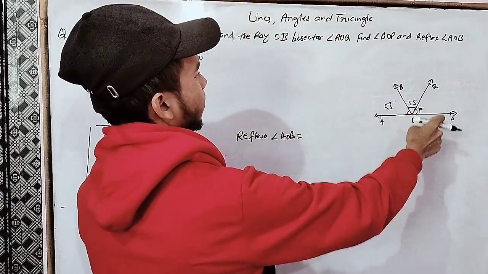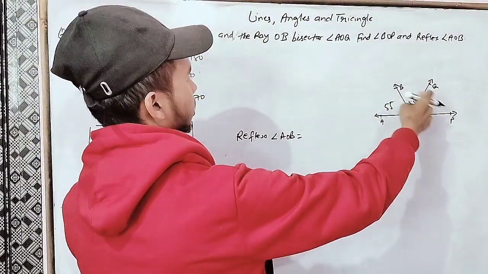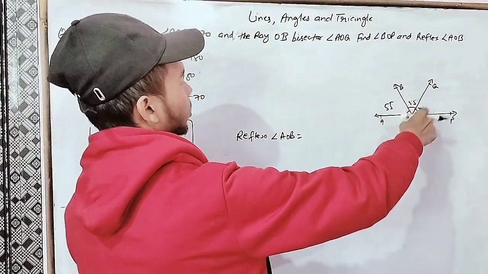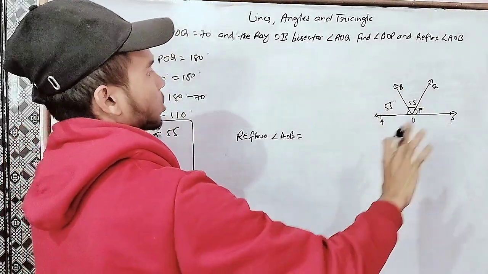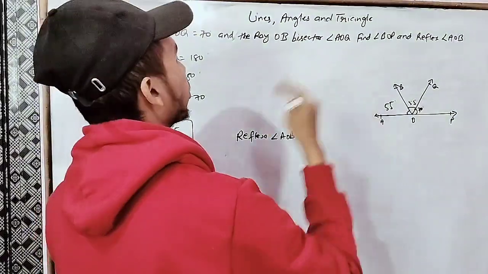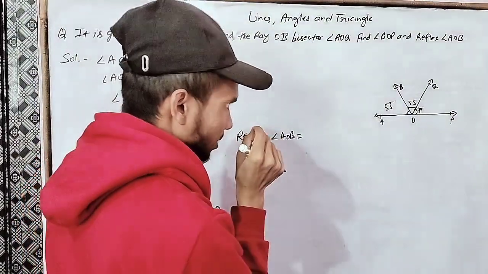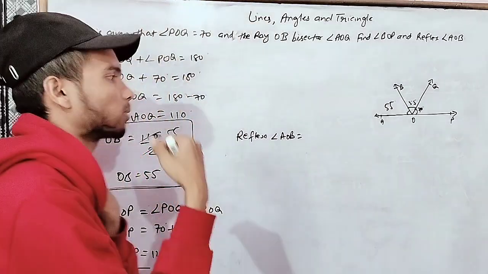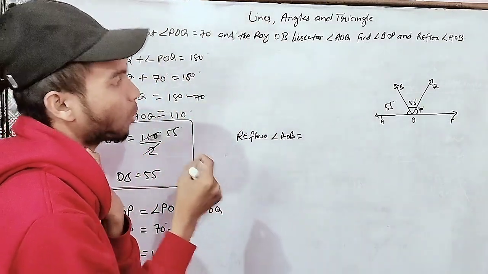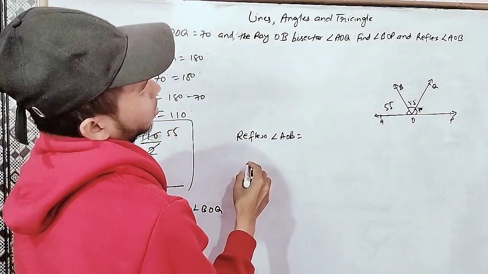The value all around a point is how much? 360 degrees. And in 360 degrees we already have 55 degrees. When we subtract 55 degrees from 360 degrees, then we will get the value of this rotation.